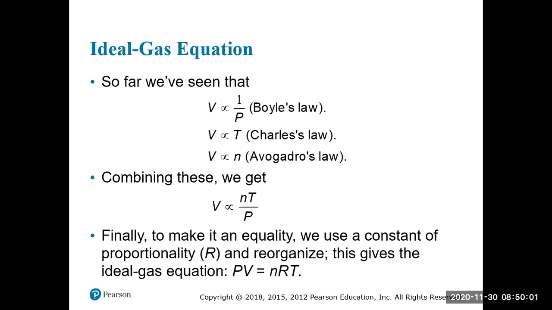If we want to calculate what some of these actual values are, then a proportionality constant, which we'll call R, was developed. That's called the ideal gas constant. If we incorporate that ideal gas constant R and rearrange the equation, we get the relationship PV equals nRT.